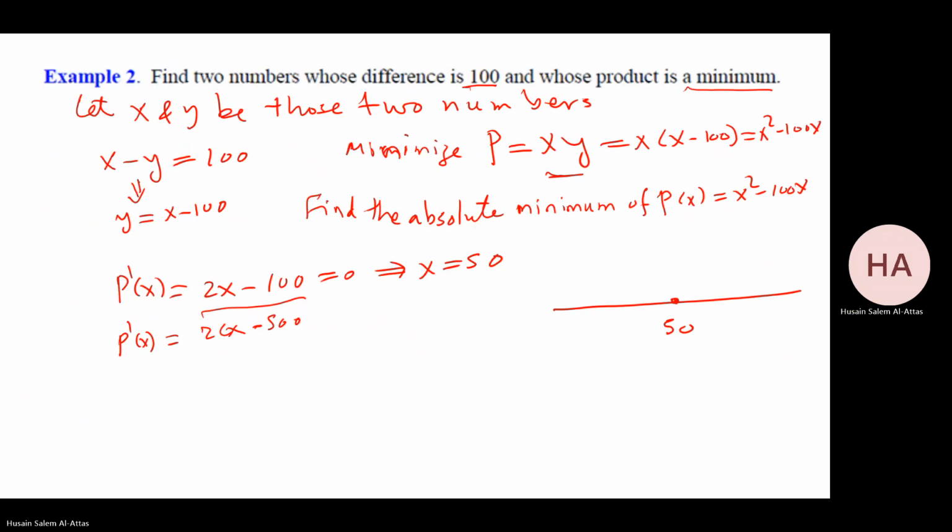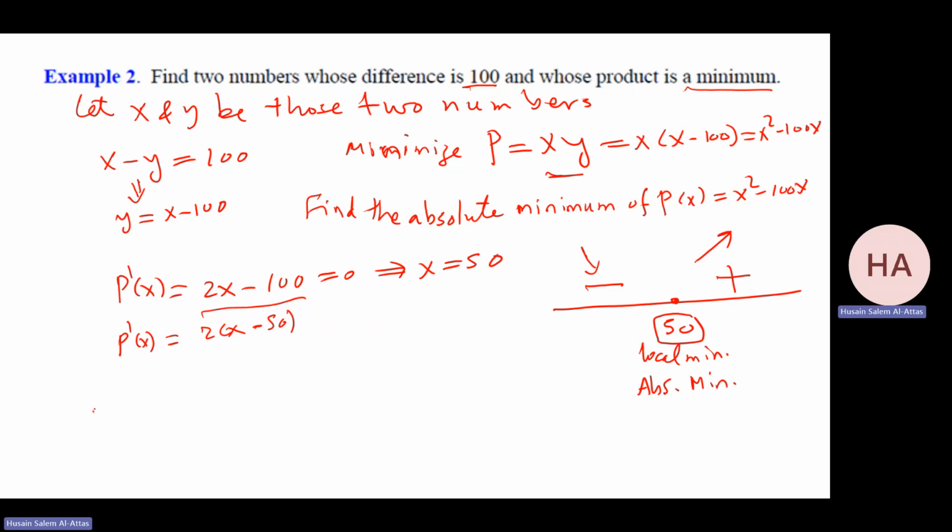So before 50, that will be negative, and this will be plus. Notice there is only one change. So this is the local minimum and also the absolute minimum, since there is only one change.